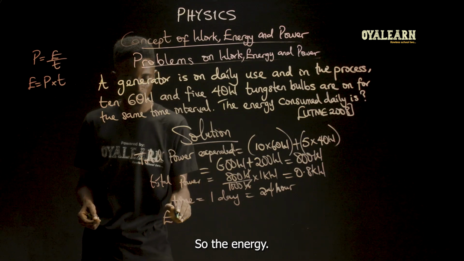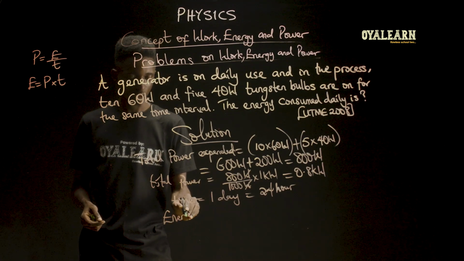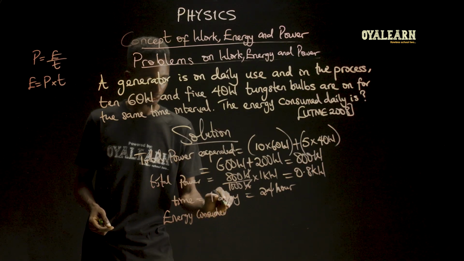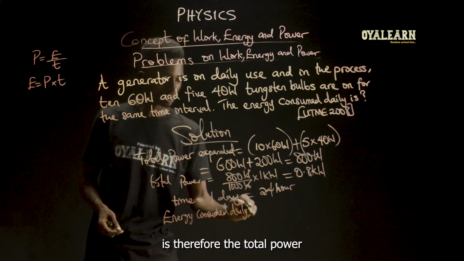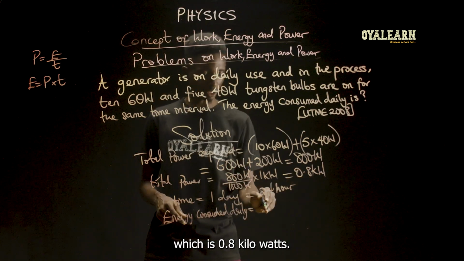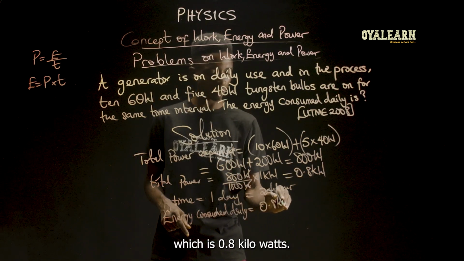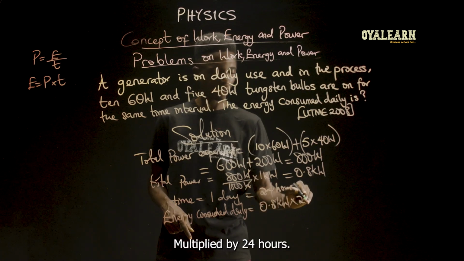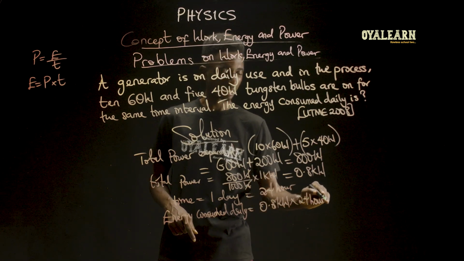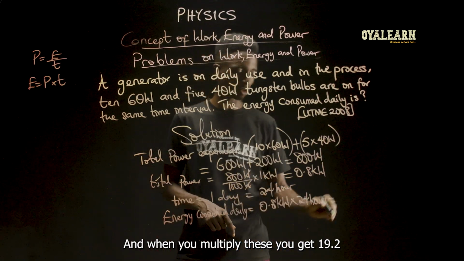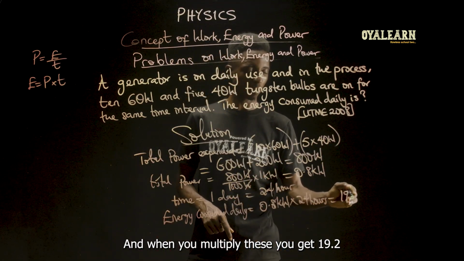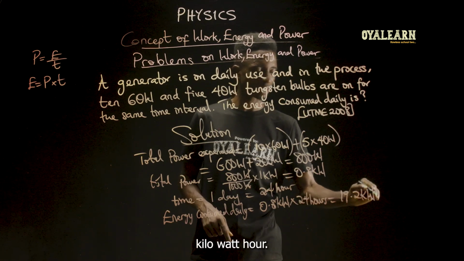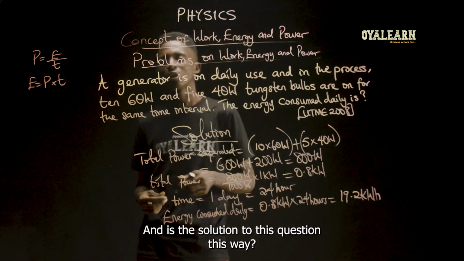So the energy consumed daily is therefore the total power, which is 0.8 kilowatts, multiplied by 24 hours. And when you multiply this, you get 19.2 kilowatt hour. And that's the solution to this question.